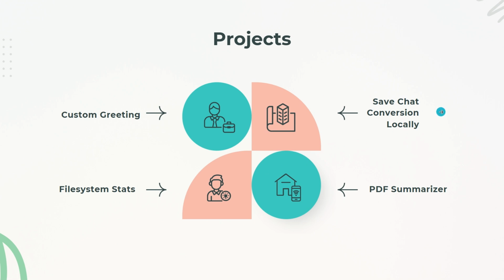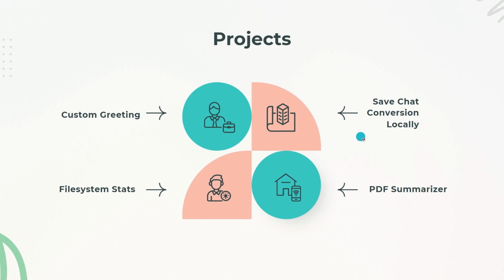The third would be saving the chat conversation locally in our file system. As you have seen, Claude doesn't have an interface where the conversations you have done with Claude can be stored into your local file system, say in a text file.